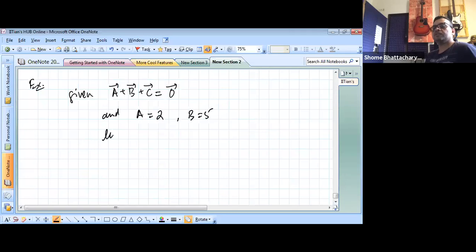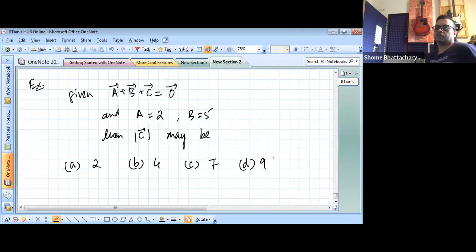Then the magnitude of C may be 2, 4, 7, 9.